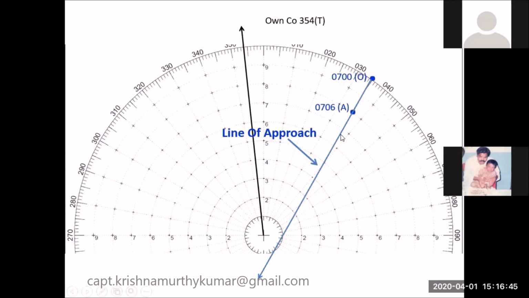He is here at 7 o'clock, 7:06, 7:12, 7:18, 7:24, 7:30, 7:34. So you can straight away find the closest distance he is passing and at what bearing the closest distance will happen.